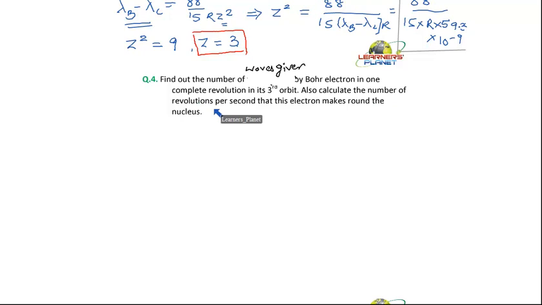Also calculate the number of revolutions per second that this electron makes around the nucleus.